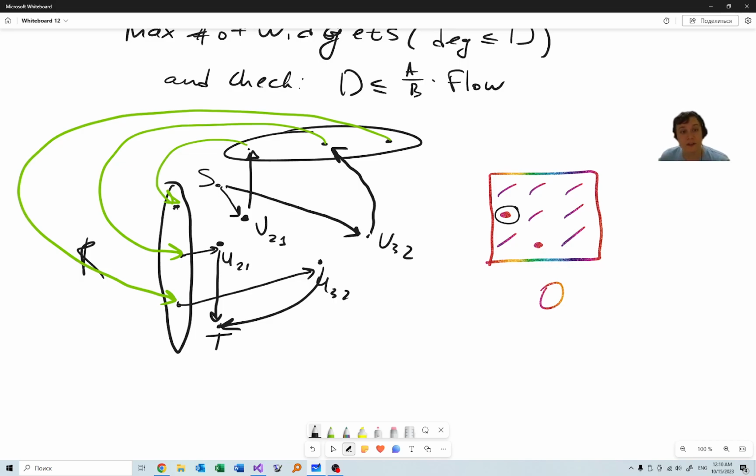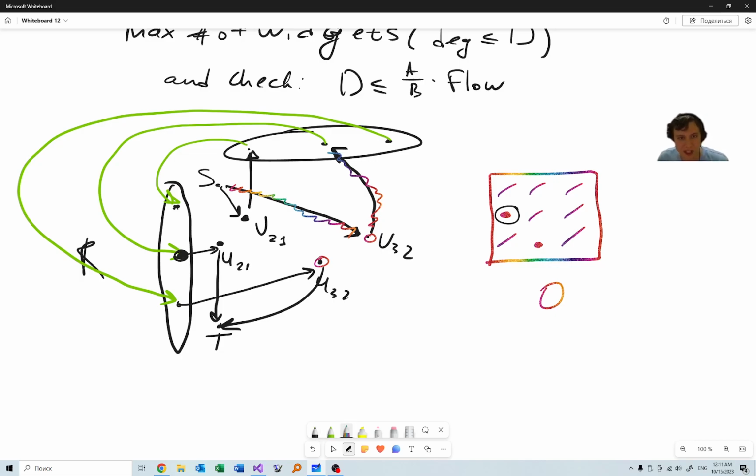So there are 2 cases. If we put a widget here, then we have to activate this thing. Then it goes somewhere here and adds 1 to the capacity, to the flow of this column. And so we have to somehow balance it with flow from this vertex.